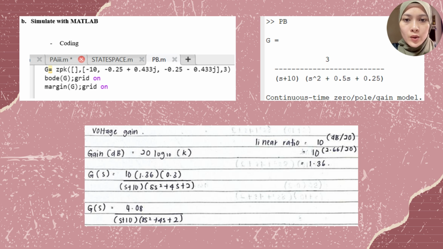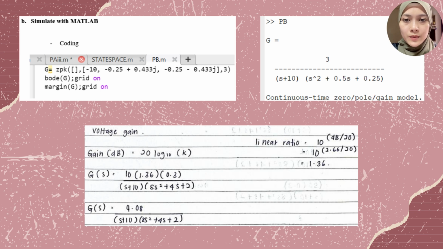We then plot the Bode diagram to analyze the frequency response and stability margin of the system. On the top right, we use the transfer function in zero, pole, gain form. It simplifies the system model and shows the system's mathematical representation, which is essential in understanding its behavior.